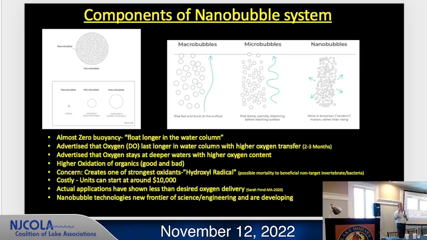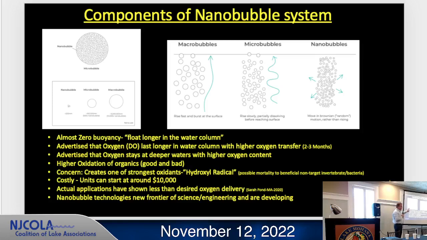Nanobubbles have almost zero buoyancy. So when you send them into the water column or into the middle of your pond, they don't go up to the top and pop. They'll float through the system, and they bring oxygen into your lake system. So that's the biggest criteria that helps the nanobubbles.